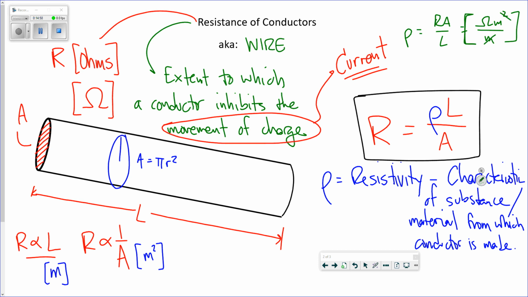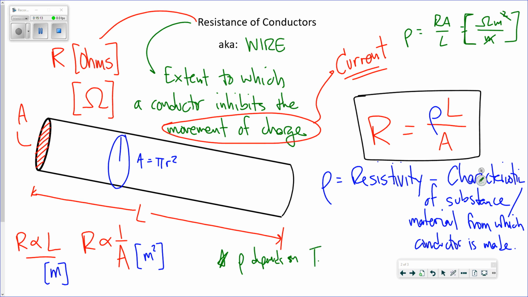Fair enough. Now, we should also make sure we say here that resistivity depends on temperature. And higher temperature means higher resistivity and thus higher resistance.